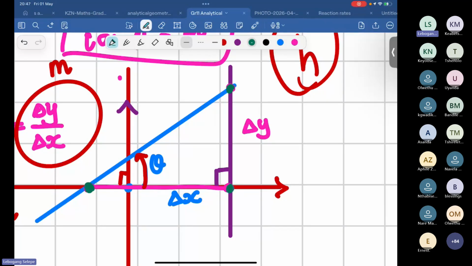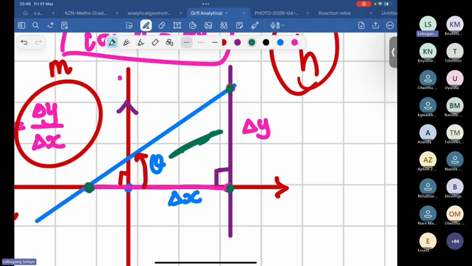I hope you can see my nice right-angled triangle. In this right-angled triangle, the angle of inclination theta becomes the angle inside that triangle. Looking at where I have placed my angle theta, the side change in y is the opposite of that angle because it's literally facing that side.